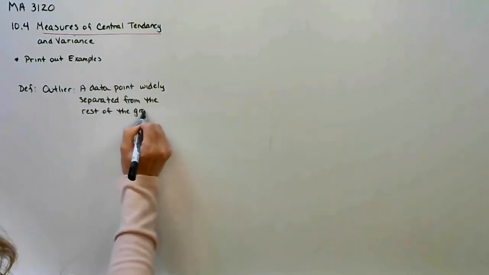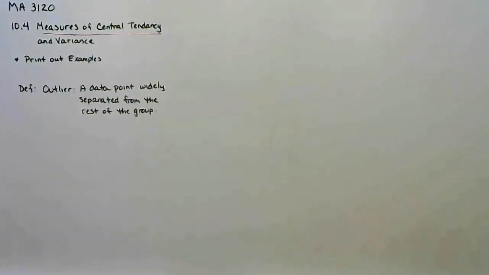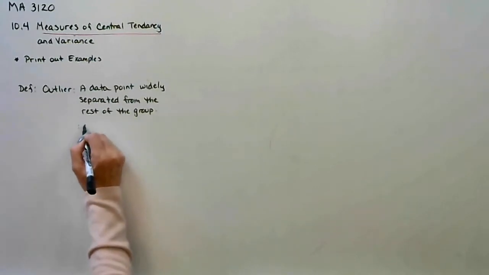Okay, and we do have a formula. It's a value that is more than 1.5 times the interquartile range above the upper quartile or below the lower quartile. So I'm going to write that down.